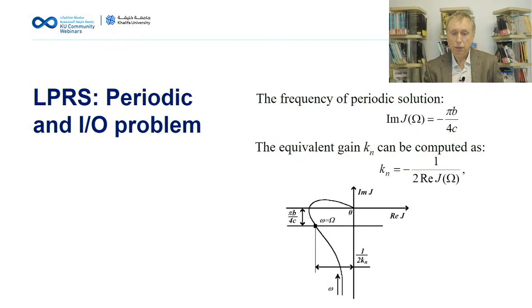So now, if we have the LPRS, if we compute it as was shown by using one of these formulas, then we can simply find the periodic motions in our system as the point of intersection of the LPRS and of this straight line. And we can also find the equivalent gain through finding the real part of the LPRS at this point of intersection.